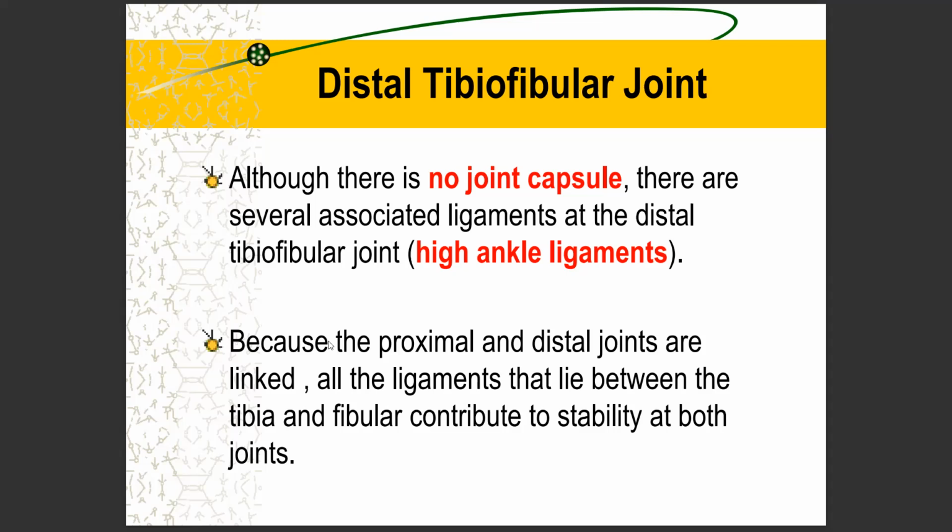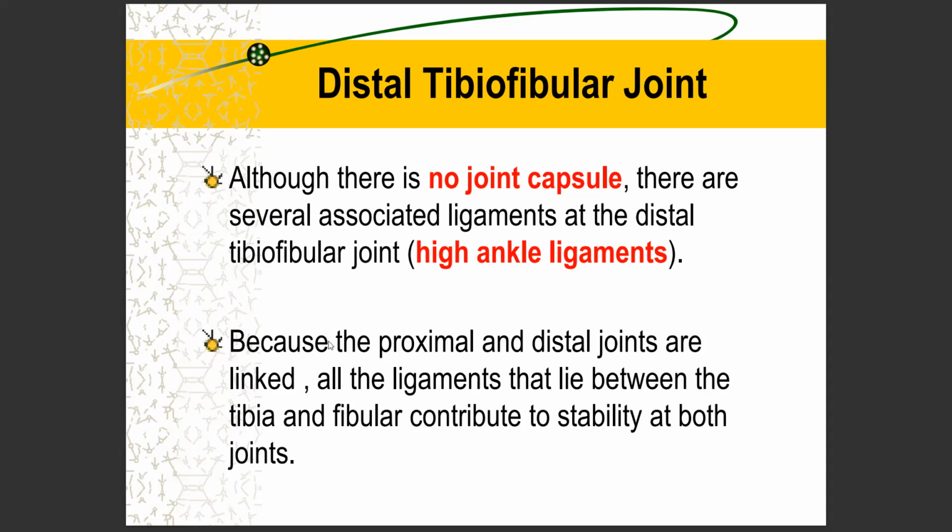One is the ankle sprain, which is the sprain of the lateral side and medial side ligaments of the ankle joint, while high ankle sprain means the sprain of the distal ligaments of the distal tibiofibular joint, which are known as the high ankle ligaments.